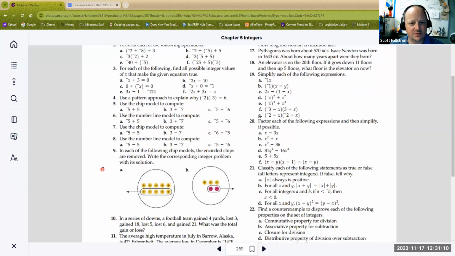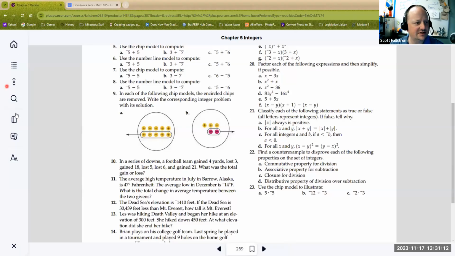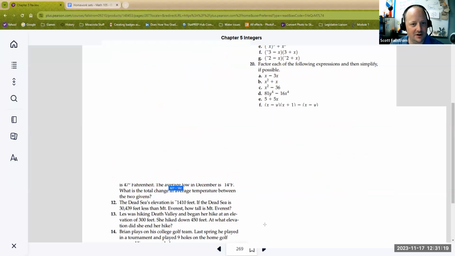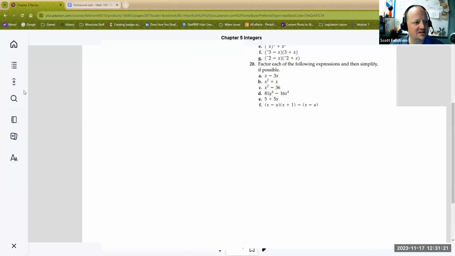Number 20 utilizes a technique we're introduced to, or at least reminded of, from your prerequisite courses in algebra. The idea is that I take a quantity squared minus a quantity squared, and as long as they're both squared, I get this one minus and this one plus.